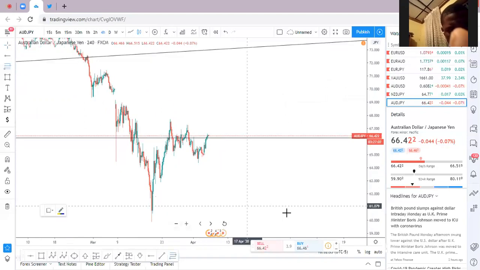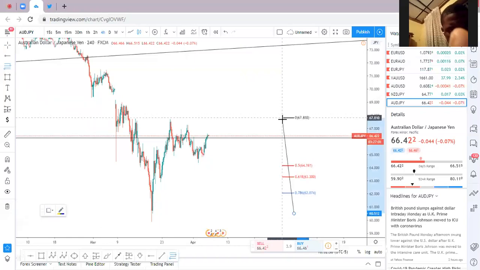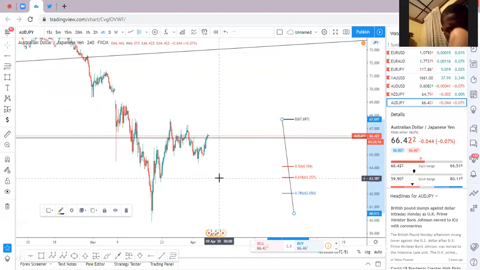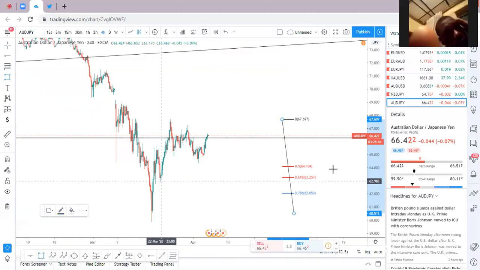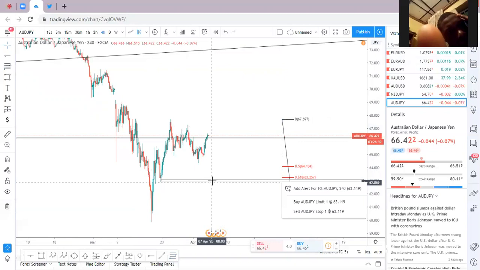So from here to here, we can get a deep retracement down here. We can get a double bottom. Actually, we can get that before we have the buy we're looking for to fill the gap.